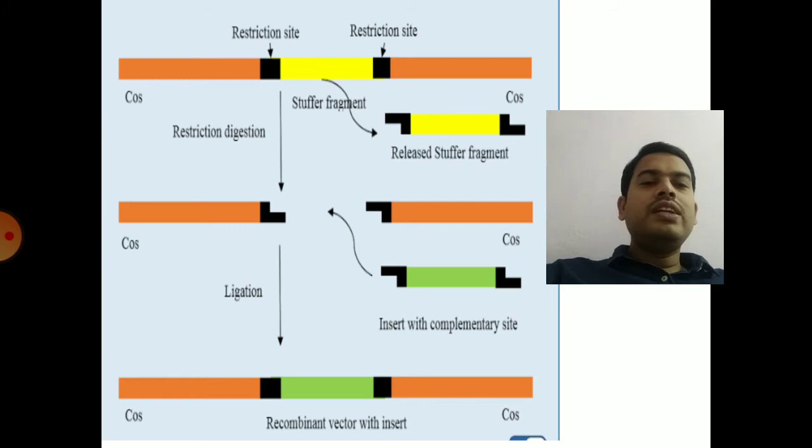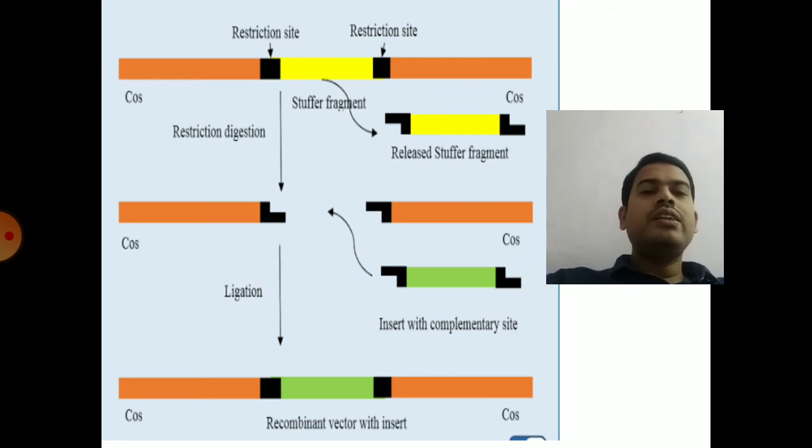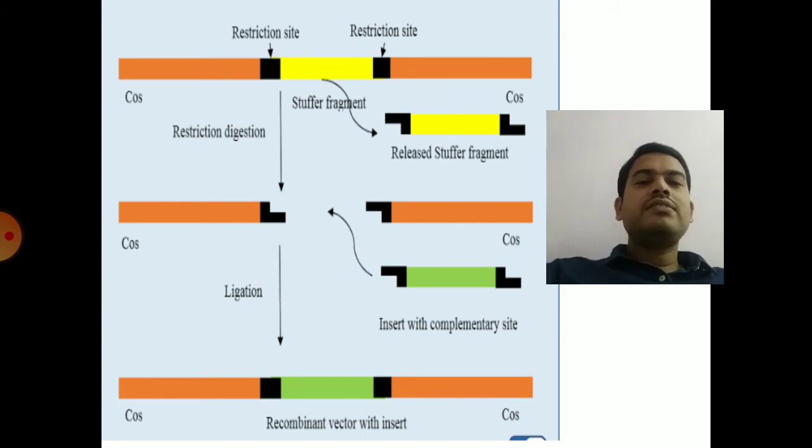On the ends of the DNA, they contain cos sites. So cos means cohesive sites, which play an important role in recircularization of linear DNA into circular DNA. At the center you can see the restriction cleavage sites and a stuffer fragment, that means unwanted fragment.